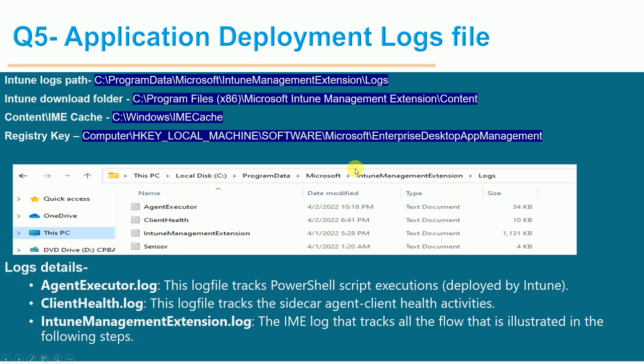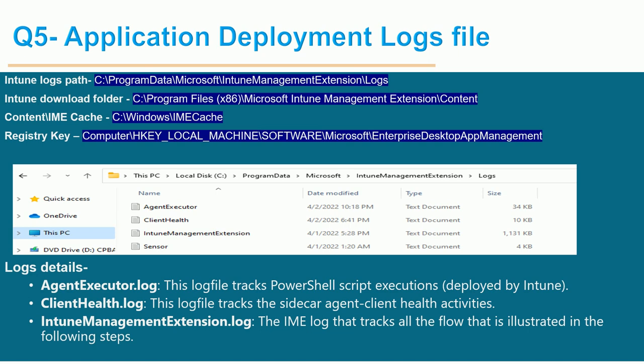In this path you can find the Intune logs, which is the Intune Management Extension log. It is used to track your application policies and your application deployment, whether it's a success or failed, or anything related to your app deployment. It contains other things as well.